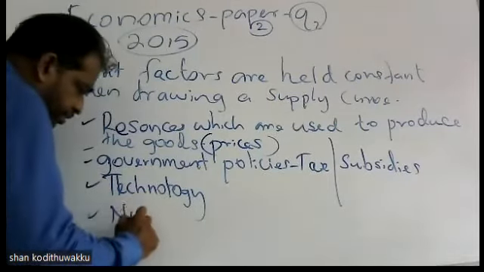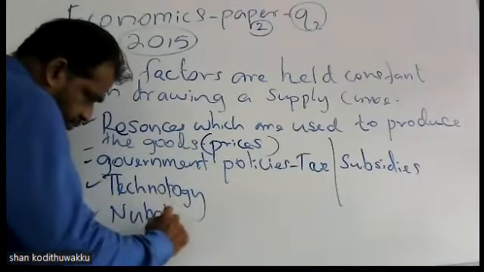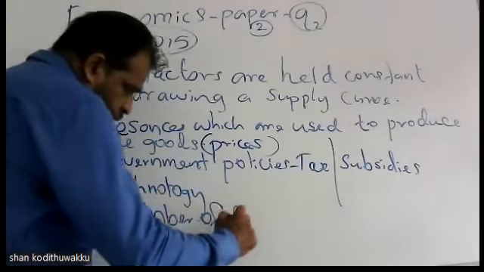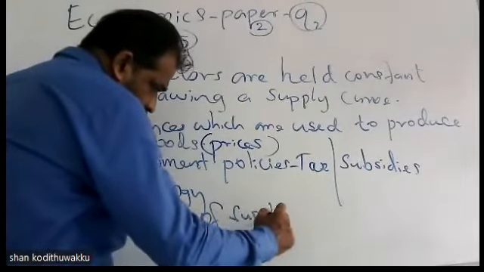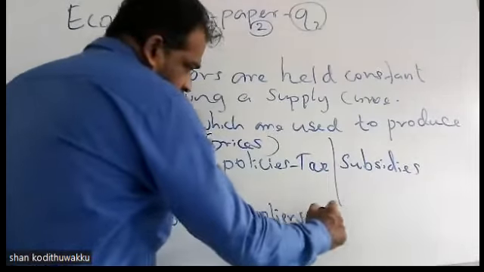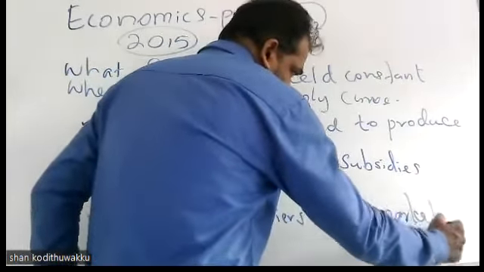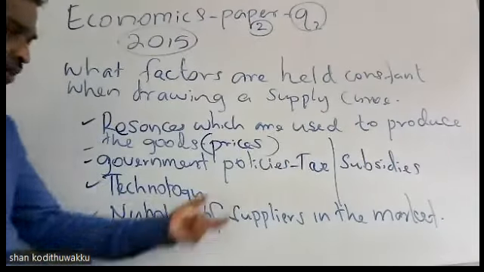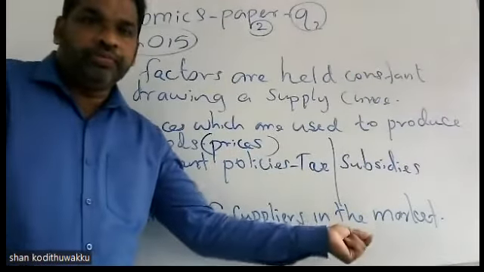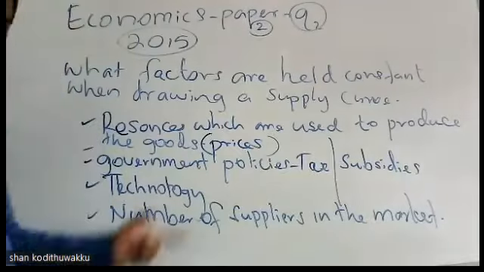Number of suppliers in the market. The number of suppliers available in the market also we assume is held constant when you draw the supply curve.